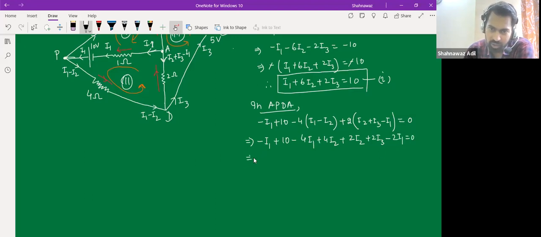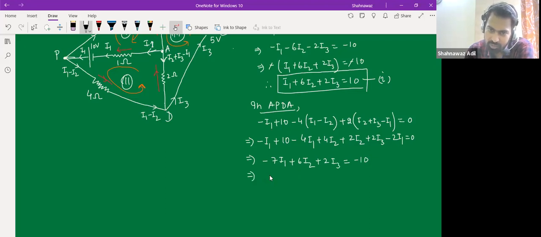Okay, so this would be how much? This is minus I1, minus 5I1, and minus 7I1. Okay. And now we have plus 4I2 plus 2I2, so plus 6I2 and then plus 2I3. And minus of 10. So again, we take the negative common.